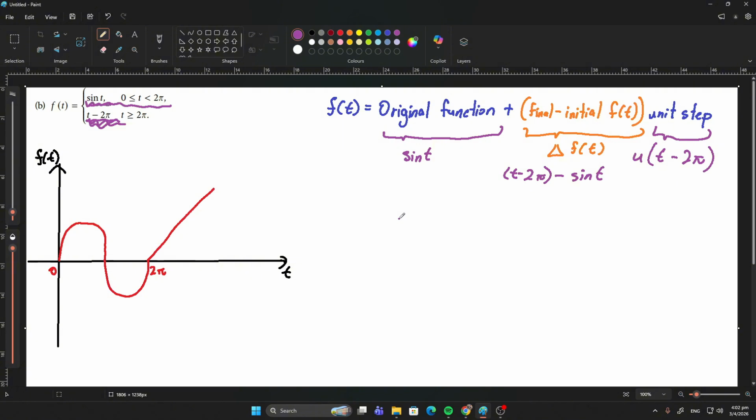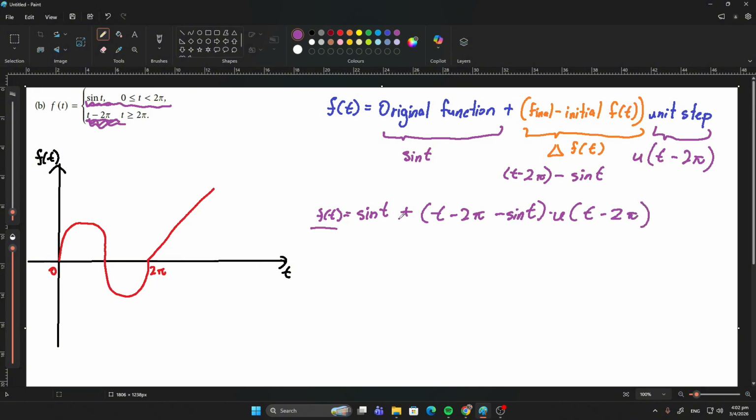Okay? So to fully write out what your f(t) is, it's basically sine t plus t minus 2 pi minus sine t, times your unit step. So this is your function.